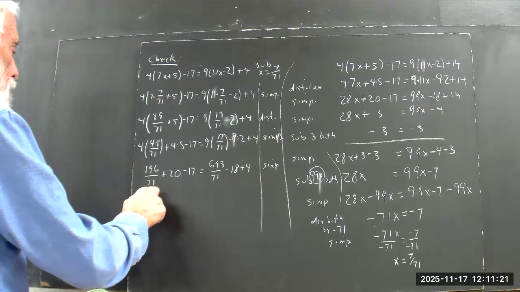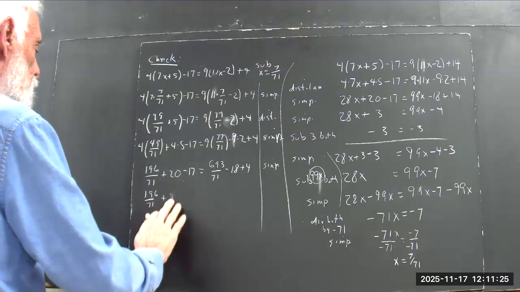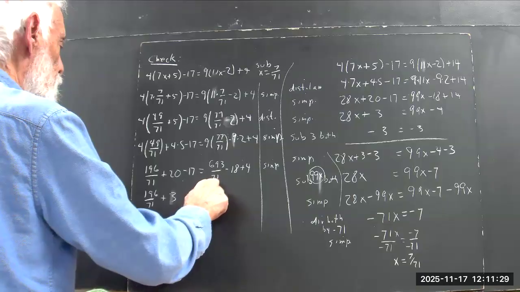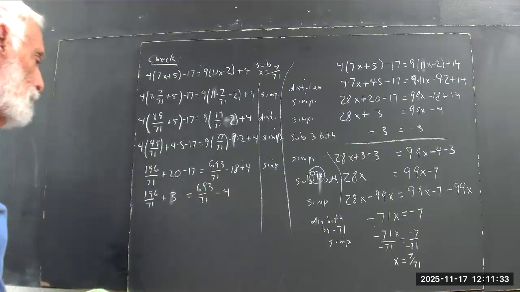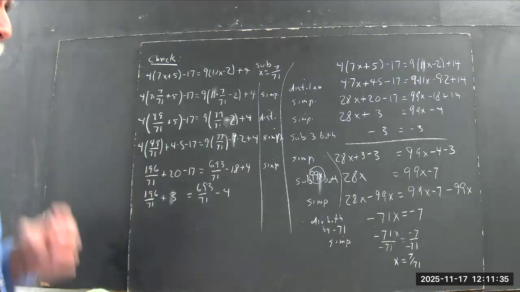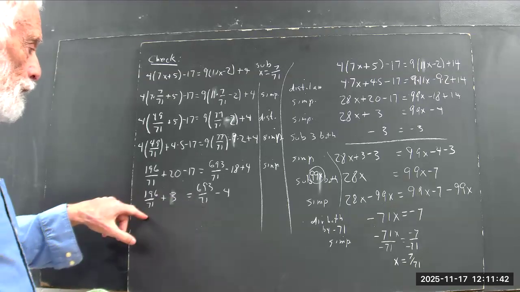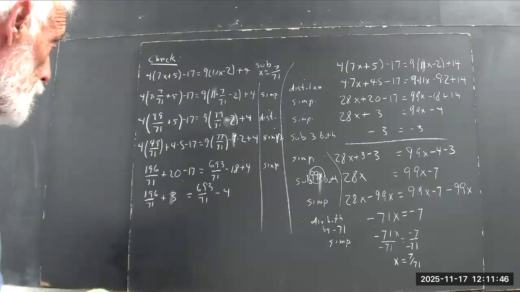You have 196 over 71 plus 3 equals 693 over 71 minus 4. Okay. So now we just have a fraction plus a whole number, fraction minus a whole number.